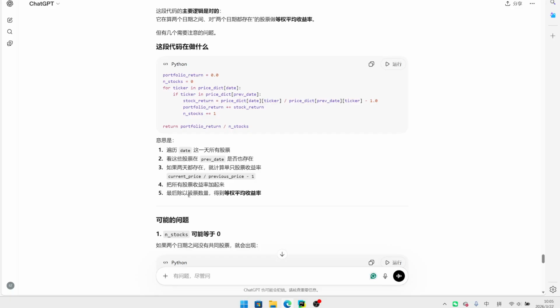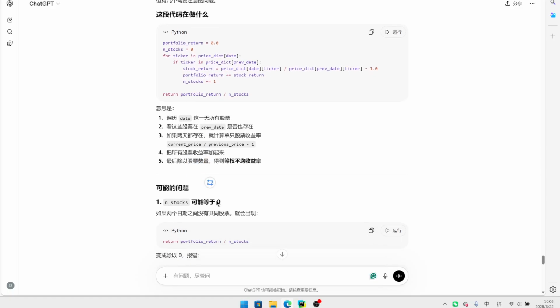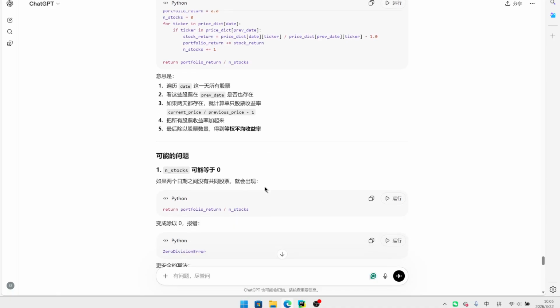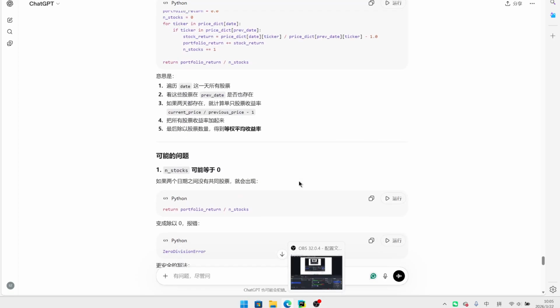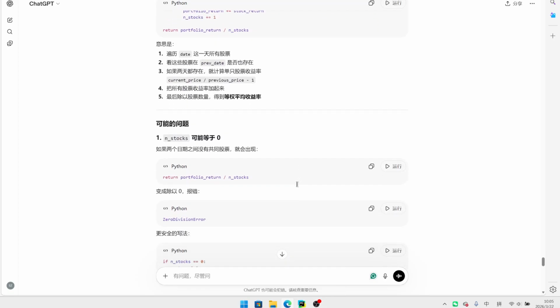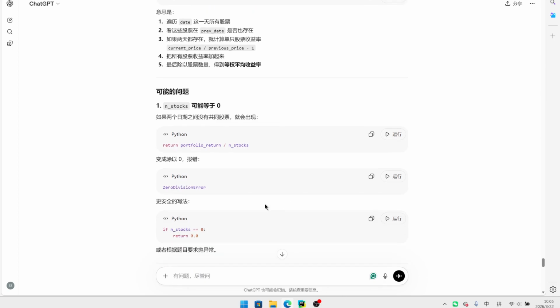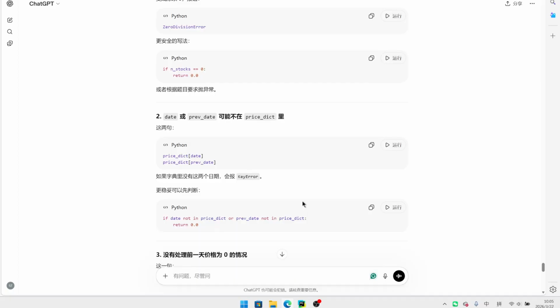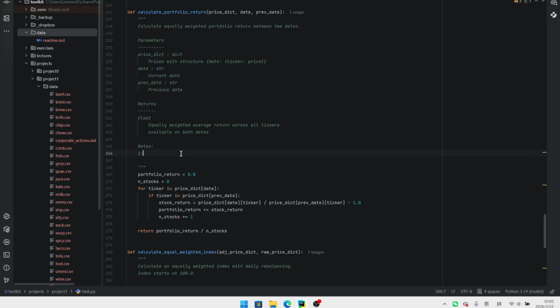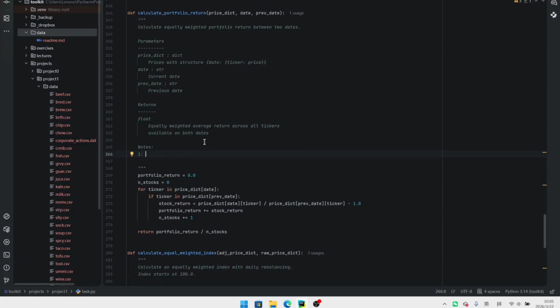So the number of stocks, zero division error: if number of stocks is 0, return 0. Data per value per date not in the dictionary. So it looks good. I just ignore the question here.